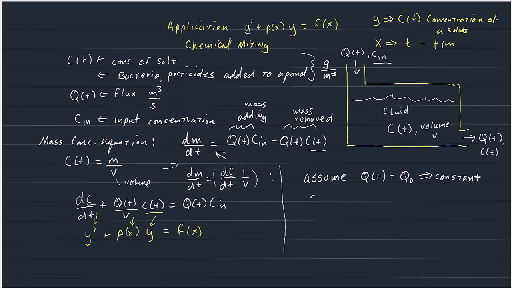So here we have an equation of C prime plus our constant flux Q naught over V times C is equal to Q naught times our input concentration from our inflowing stream. And so this is our linear first order ODE.